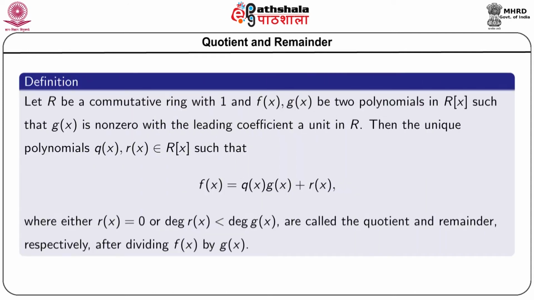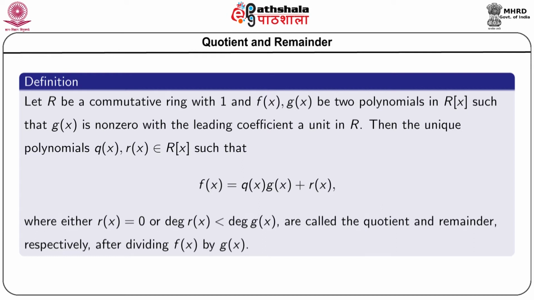In this theorem, we get q(x) and R(x) as unique polynomials which satisfy some prescribed conditions. This uniqueness induces the definition of quotient and remainder when we divide some polynomial f(x) by a non-zero polynomial g(x) having unit leading coefficient.